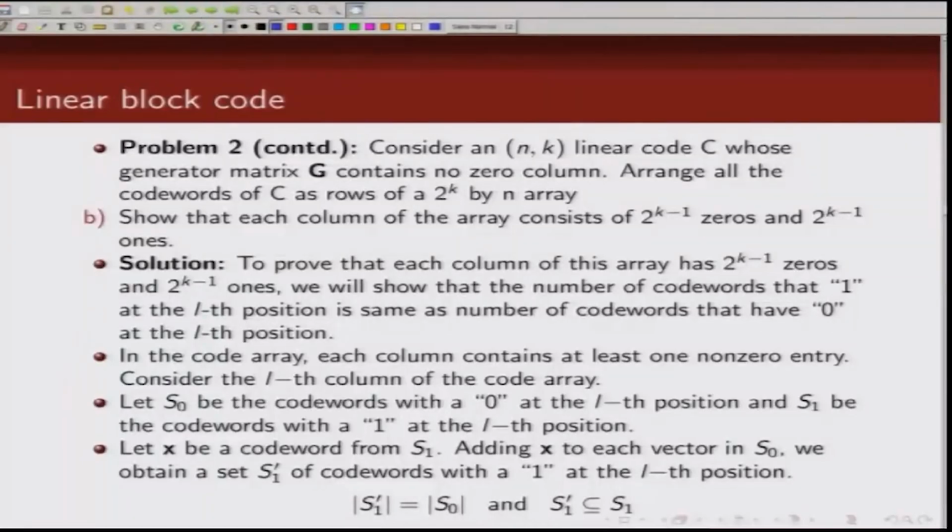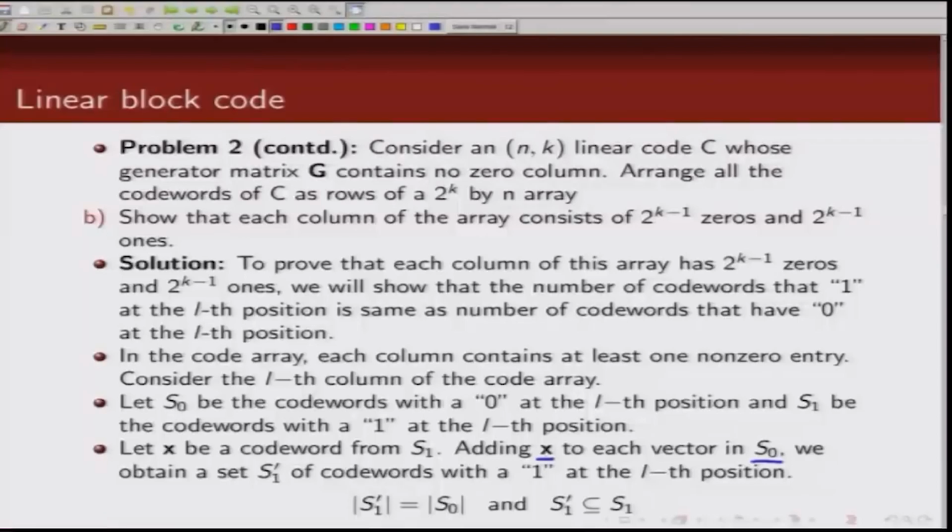Now we pick a code word X from the set S1, that means X has 1 at the lth location.